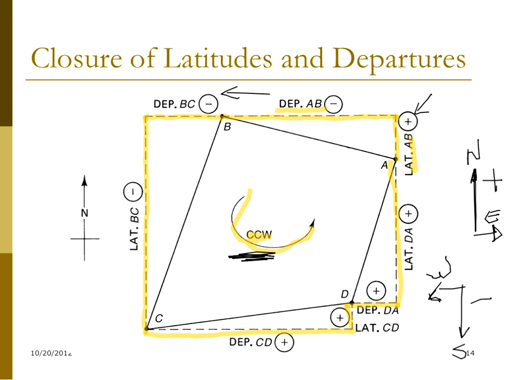Because the distance from here to here should be the same as the distance from here to here. And the same would apply to the latitude. So the distance from here to here should be equal to the distance from here to here if this is a completely balanced figure.